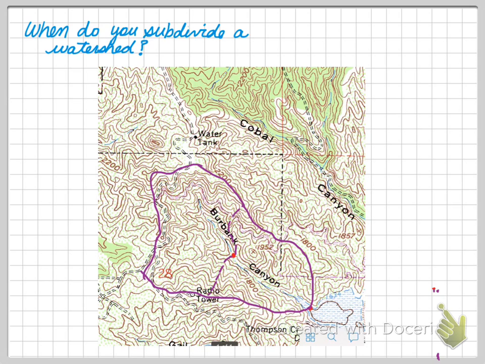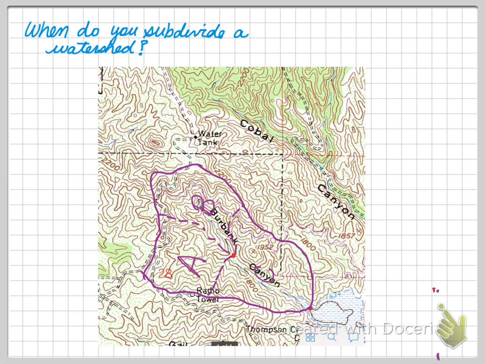Now our watershed is split in half. Now you will see the two distinct areas. For further delineation, we want to find the flow rate that hits that red dot at Burbank Canyon. Now we have three distinct areas.